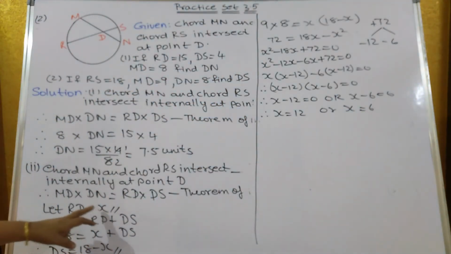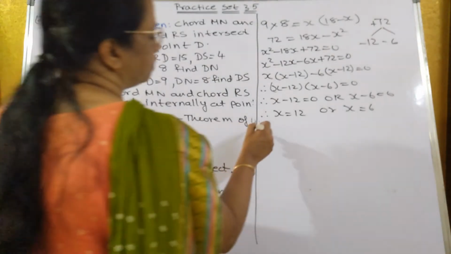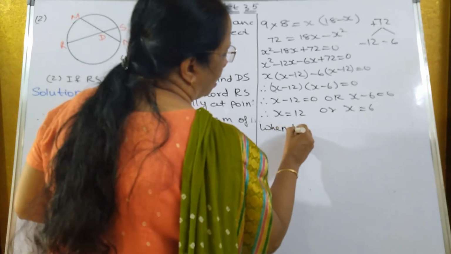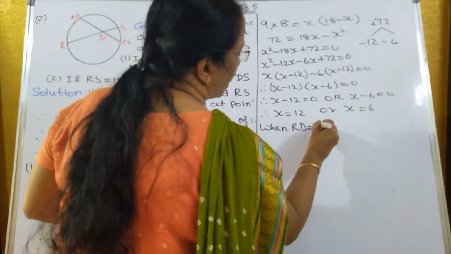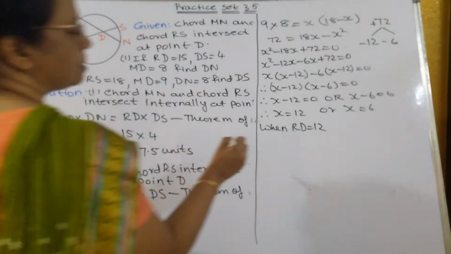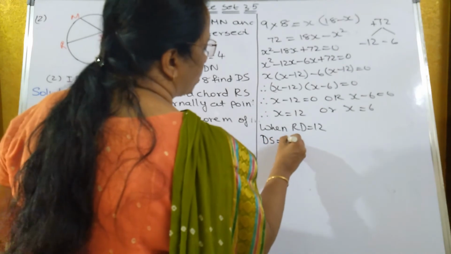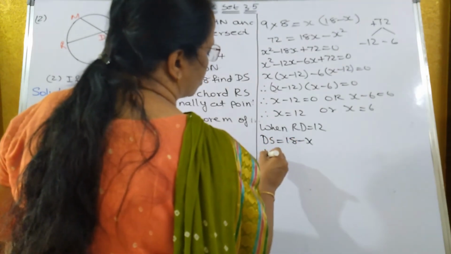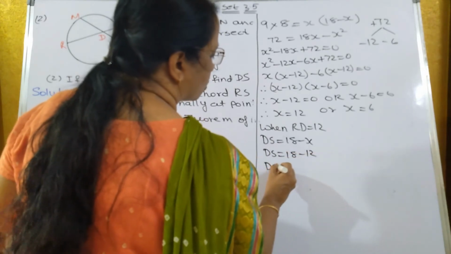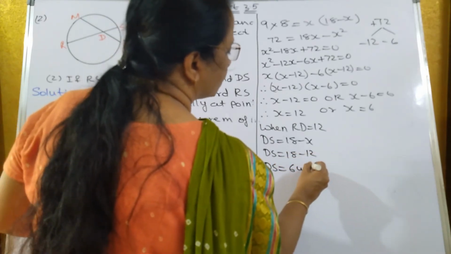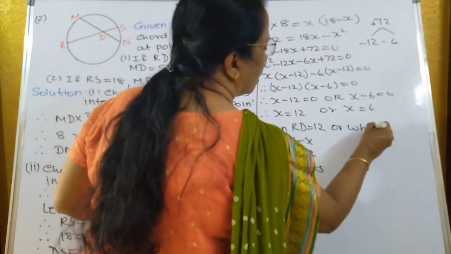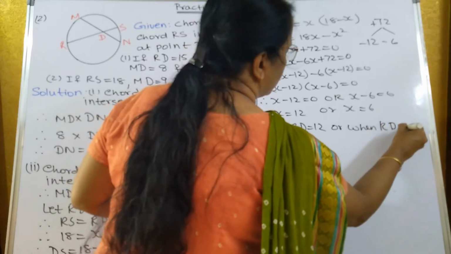And what is x? RD is x. So when RD is equal to 12, what will be DS? DS will be 18 minus x. So DS is equal to 18 minus 12. So DS is equal to 6 units. Or when RD is equal to 6, what you get?